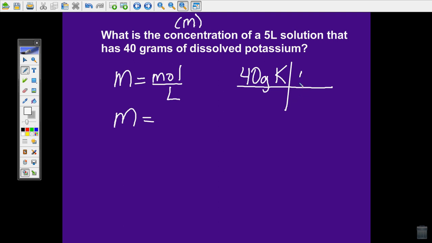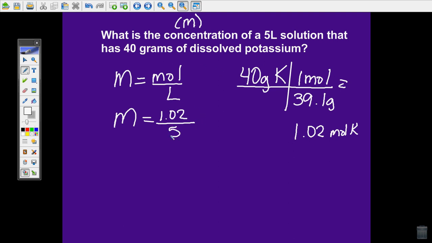For every 1 mole, my molar mass, I told you none of this goes away, is 39.1 grams. So 40 divided by 39.1, I get 1.02 moles of potassium. So that's what I'm going to use over here, 1.02, and 5 liters, so 5.